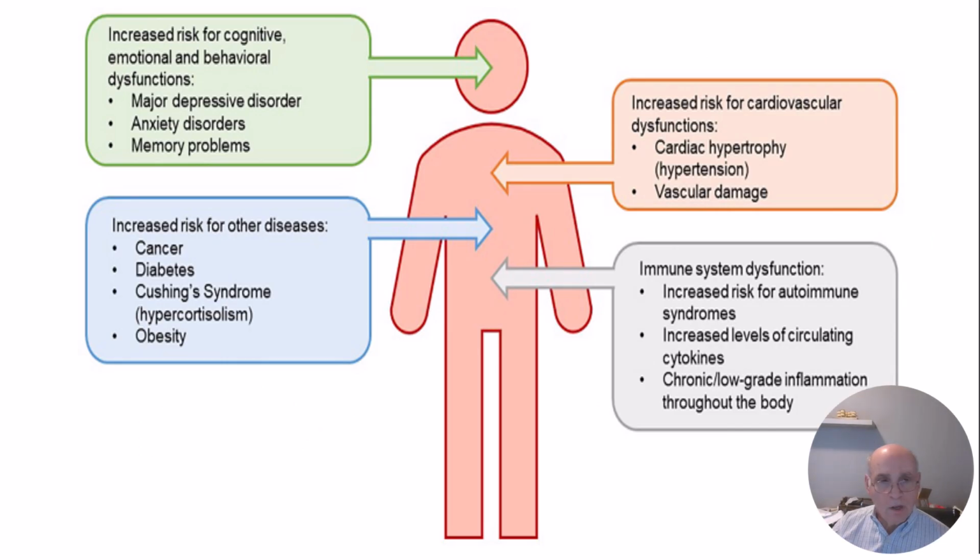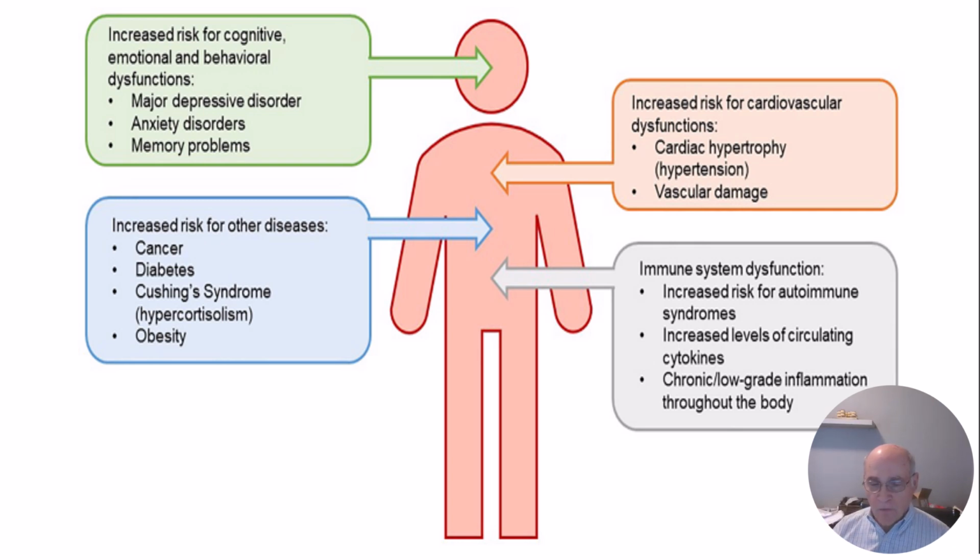And in this chart, we can see how stress is a leading cause of increased cognitive, emotional, and behavioral dysfunction, cardiovascular problems, and immune problems, meaning as your immune response goes down, you have an increased risk for autoimmune disease. Remember, I talked about this relationship between Th1-driven T helper cells and Th17-driven helper cells.